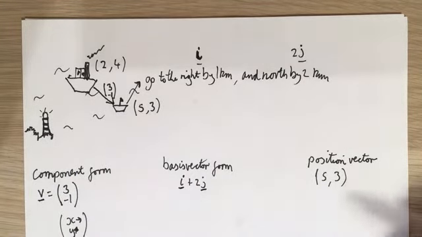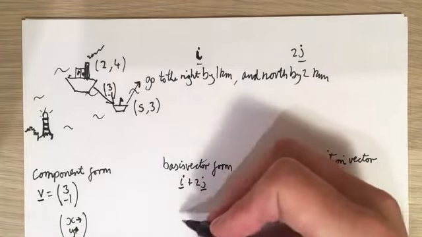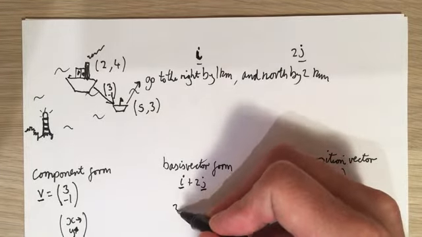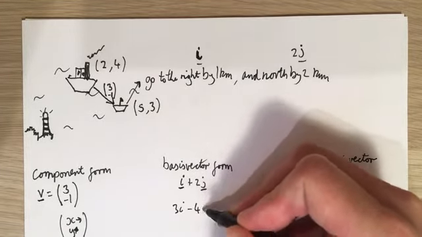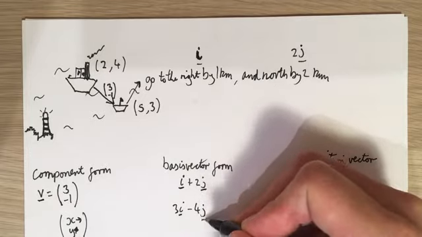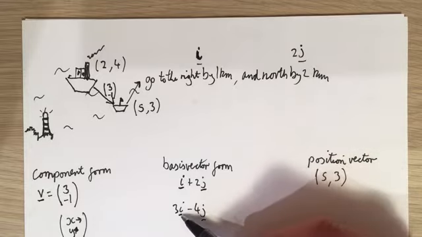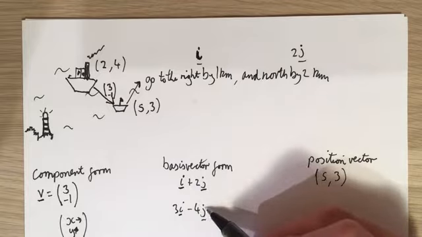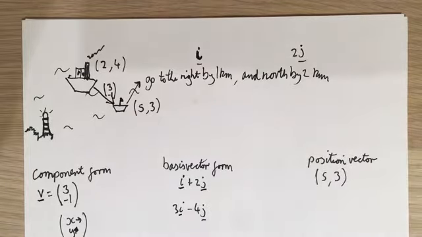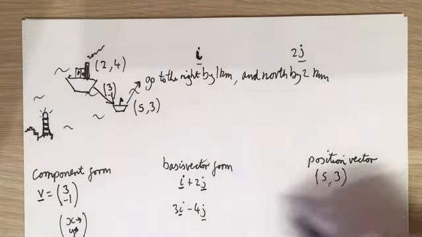Another example of a vector, let's suppose it's 3i - 4j. What does this mean? Pause and have a guess. Hopefully you think it means go right 3, 3 along the x-axis, and then go down 4, so 4 down the y-axis. Great, okay, so that's the concept of these different things.